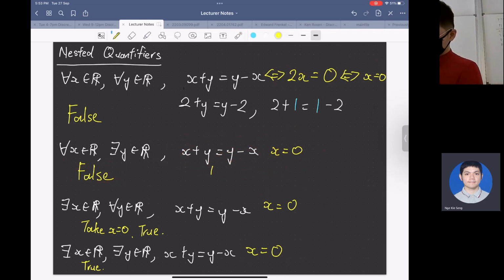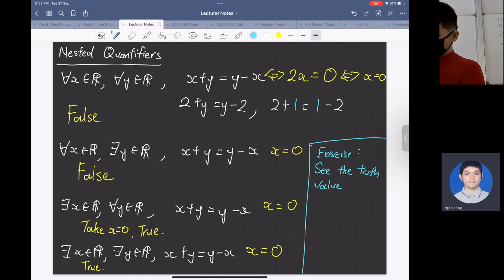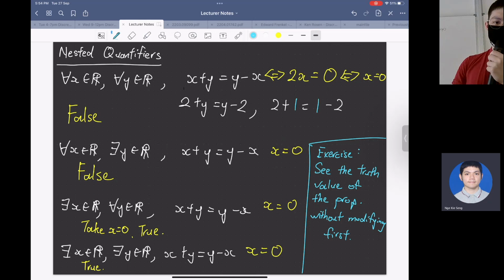So the exercise: see the truth value of the proposition without modifying it first. Although they are equivalent, I want you to think more.